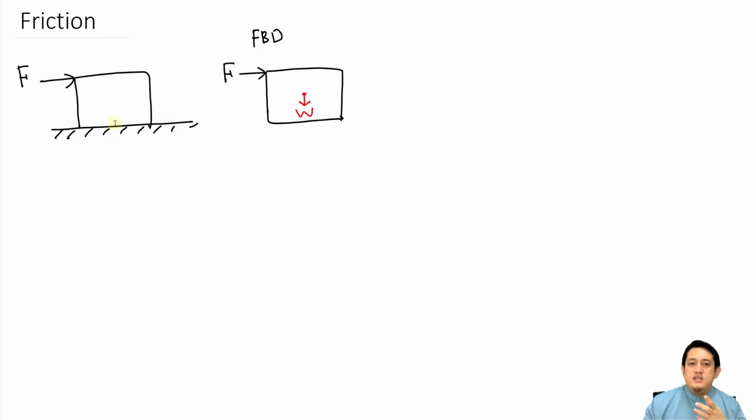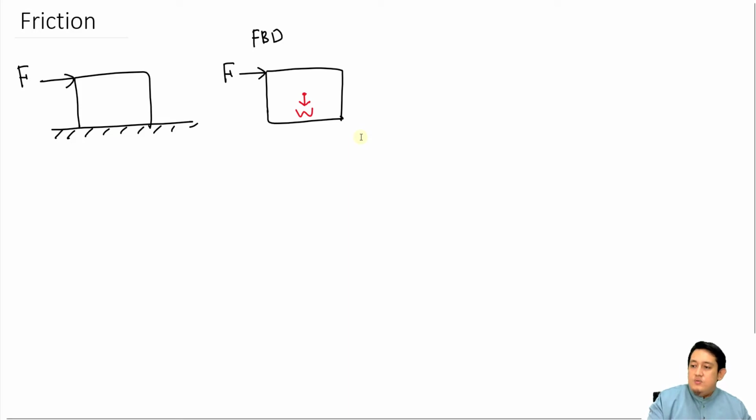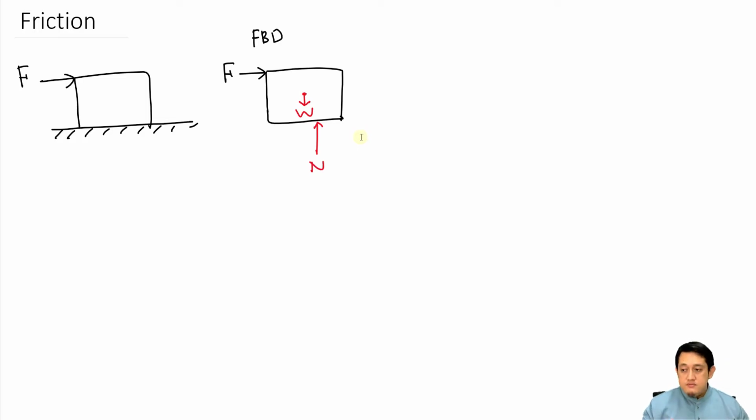So what is the reaction force for friction here? For friction here, we will have a normal force. The normal force here must be 90 degrees, compulsory 90 degrees, with the surface. The next one is this one.